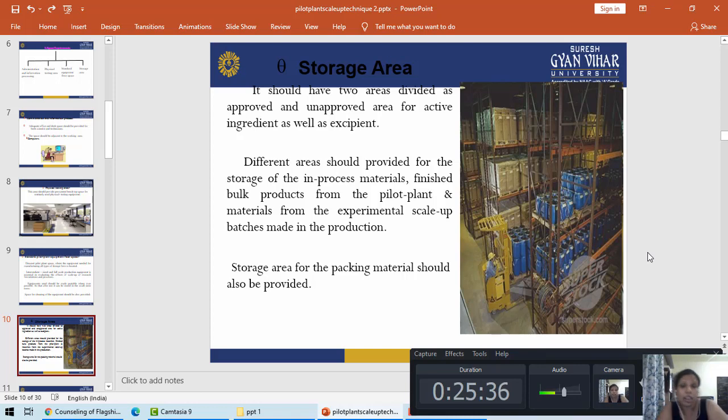Okay, so now different areas should be provided for the storage of in process materials, finished bulk products from the pilot plant, and materials from the experimental scale up batches made in the production. Okay, storage areas for the packaging materials should also be provided.